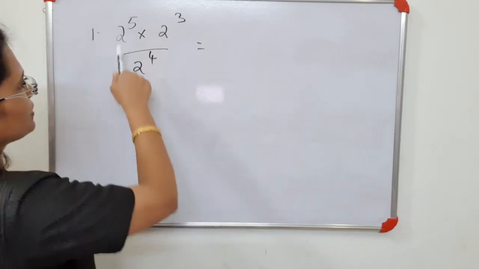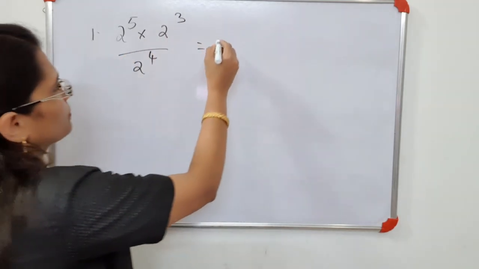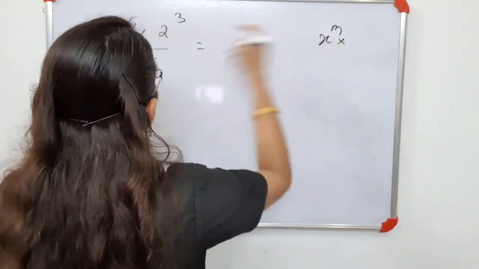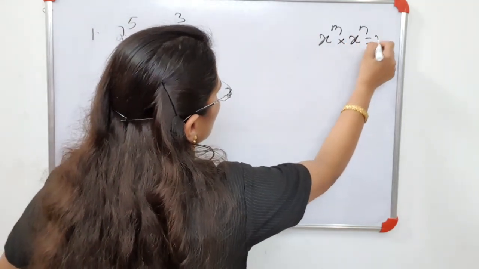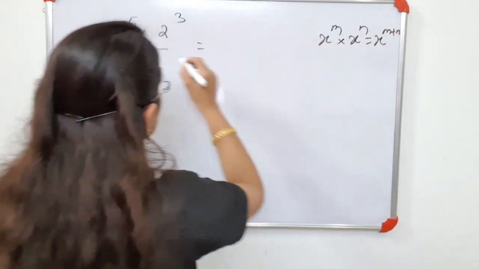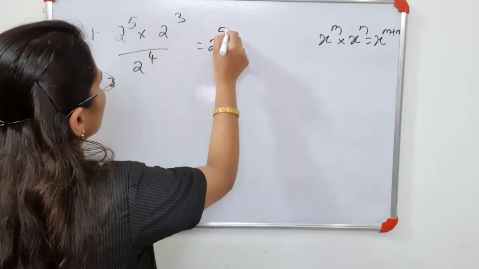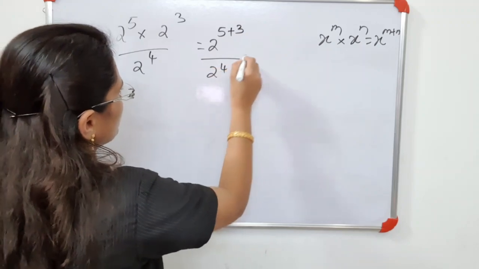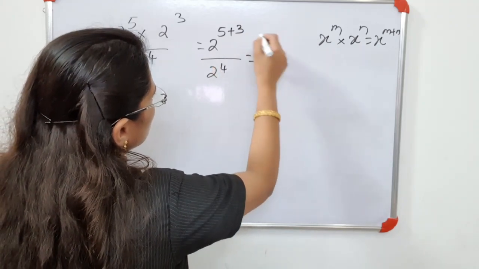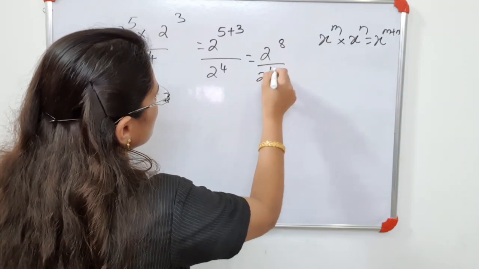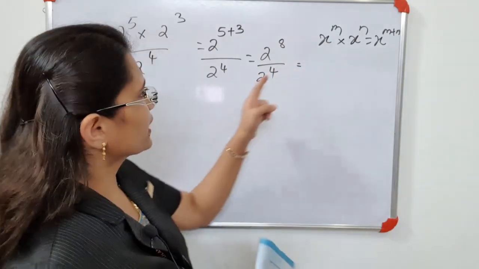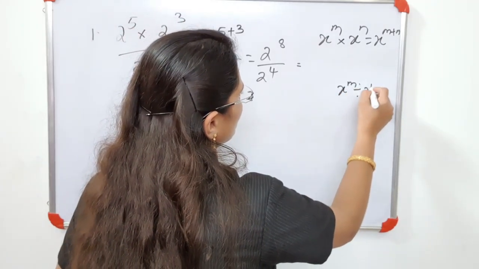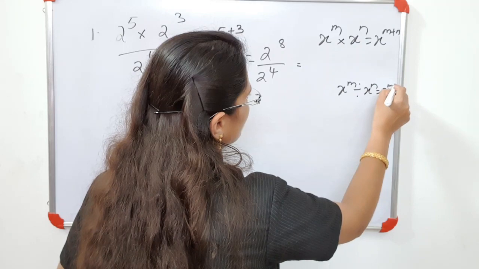We know that x raised to m into x raised to n is equal to x raised to m plus n, right? So 2 raised to 5 plus 3, divided by 2 raised to 4, is equal to 2 raised to 8 divided by 2 raised to 4. Now x raised to m divided by x raised to n is equal to x raised to m minus n.